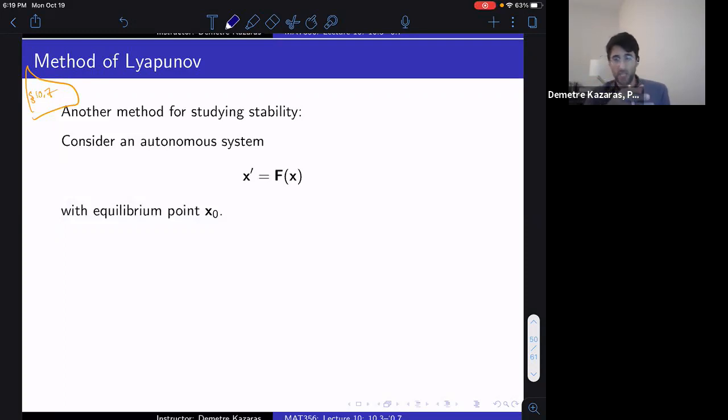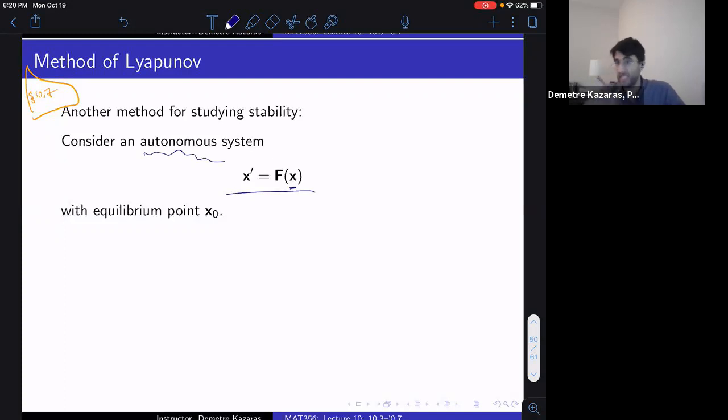Okay, so here we'll just consider a general any-dimension system of differential equations, could be nonlinear, and let's assume for now that it's one of these autonomous systems, which is to say there are no t's floating around.